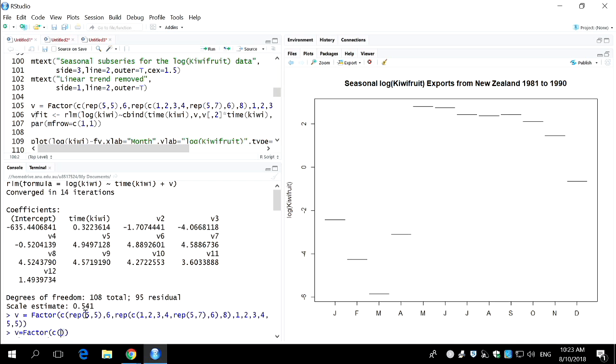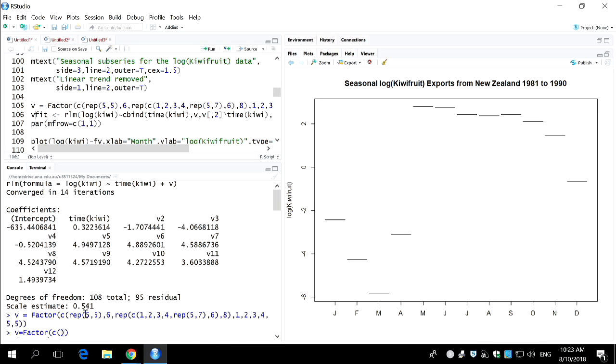If I think this season has the same constant, this is going to be still season 5. This is still season 5. I could probably put a 5 here. Then 6, 7. So now my factor, instead of looking like 1, 2, 3, 4, 5, 6, 7, 8, 9, 10, 11, 12 months, looks like 1, 2, 3, 4, 5, 5, 5, 5, 5, 5, 6, 7.